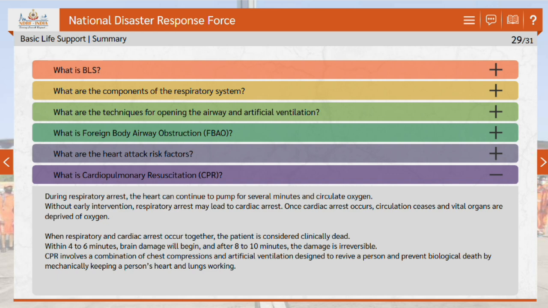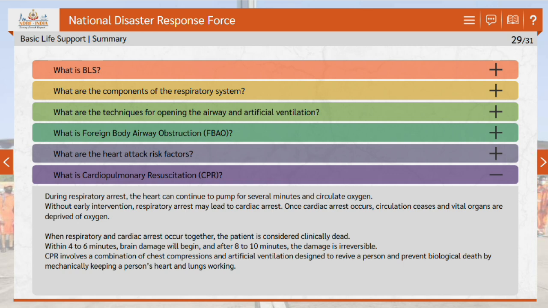During respiratory arrest, the heart can continue to pump for several minutes and circulate oxygen. Without early intervention, respiratory arrest may lead to cardiac arrest. Once cardiac arrest occurs, circulation ceases and vital organs are deprived of oxygen. When respiratory and cardiac arrest occur together, the patient is considered clinically dead.